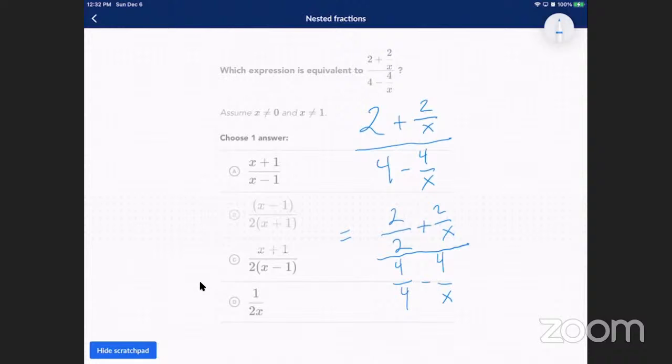And because we have this over here, we would probably want to get this x to be the same. How would we do that? I think we would put 4x here and x here, right?